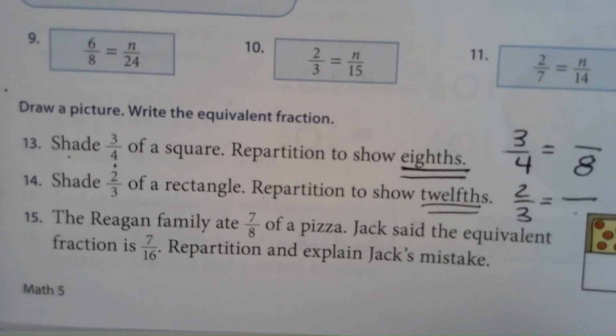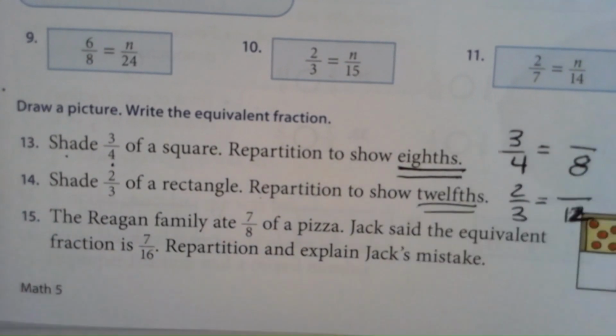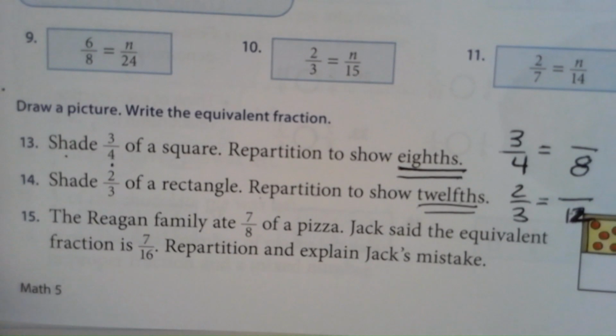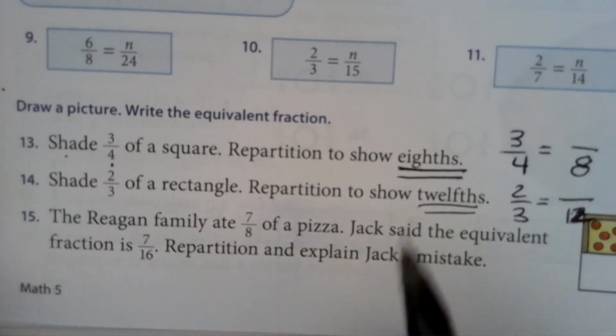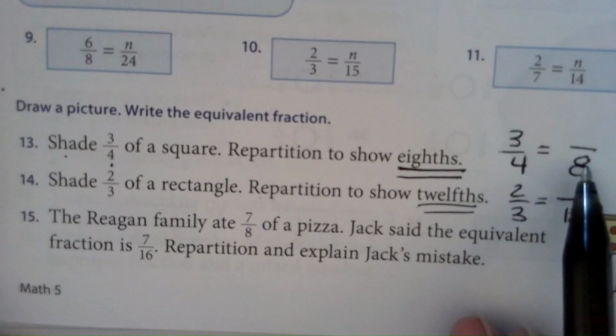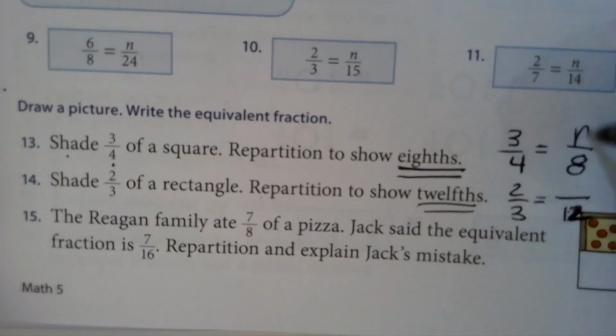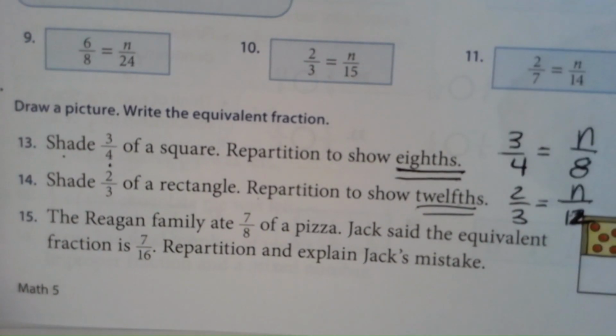It's 12. It's out of 12 pieces. A 12th. 12 pieces. It sounds fancier than it really is, right? Are y'all with me? So again, an eighth, we made into a number over 8. The 12th we made into a number over 12. So, guys, you're going to figure out the n here.